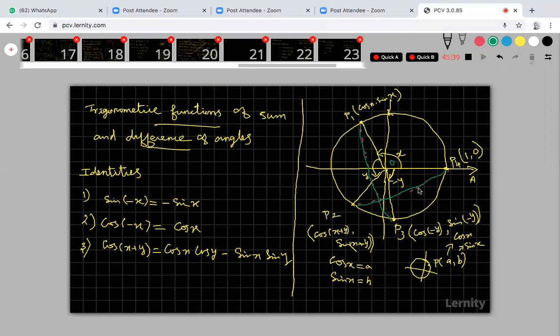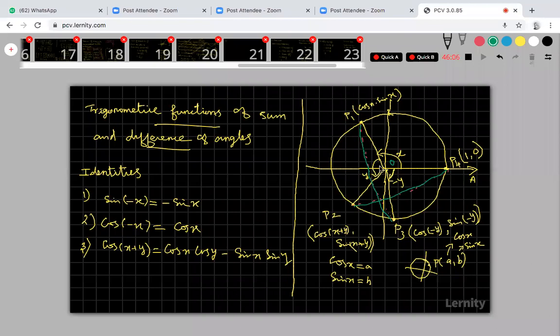Why? Because these two sides are equal, being radii. OP3 is a radius and OP1 is a radius; OP2 and OP4 are also radii. That means the sides are equal.